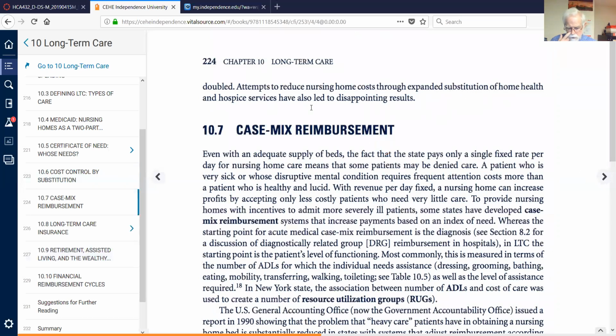We haven't been able to substitute these potentially cheaper care. Because in reality, it's not cheaper. Yes, a hospital bed is expensive, but patients going into a nursing home and then bouncing back into the hospital because they were discharged too early actually costs significantly more.